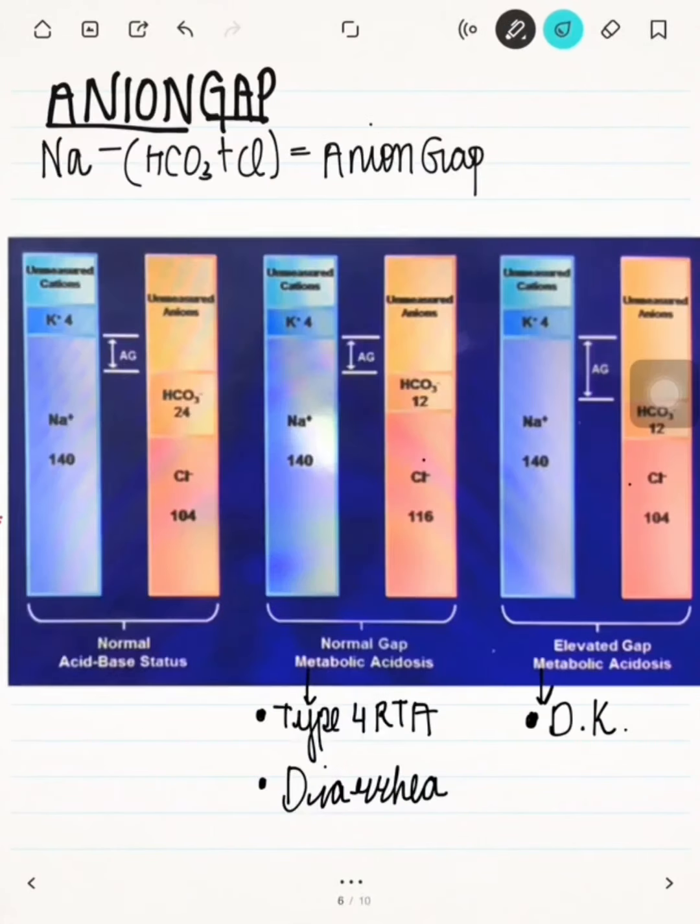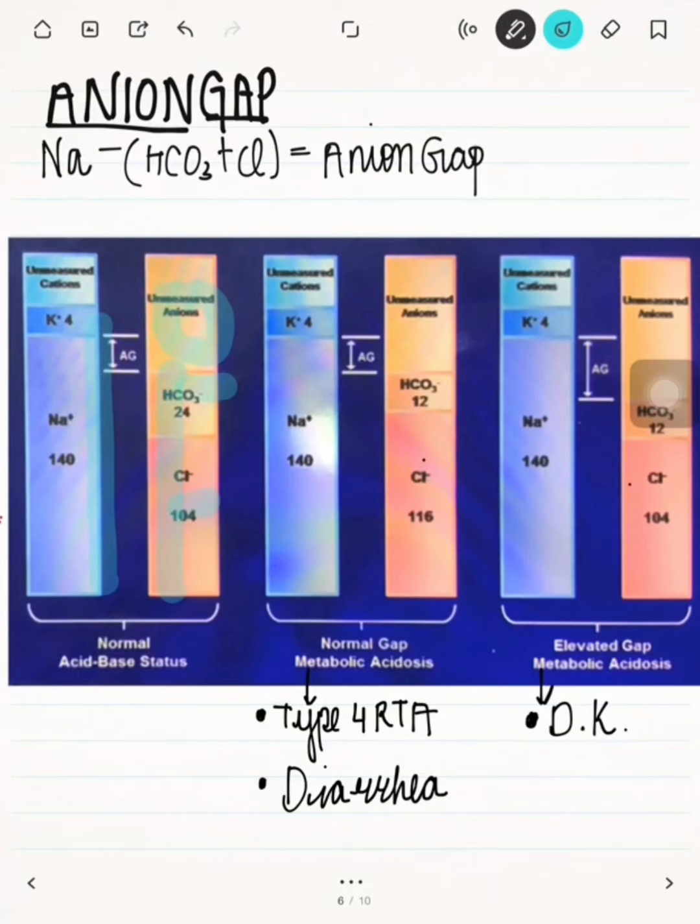Now we need to know what the anion gap is. Anion gap is sodium minus bicarbonate and chloride, which gives us the unmeasured anions. Unmeasured cations are very few. So a balance is always maintained in the body between positive and negative charges.